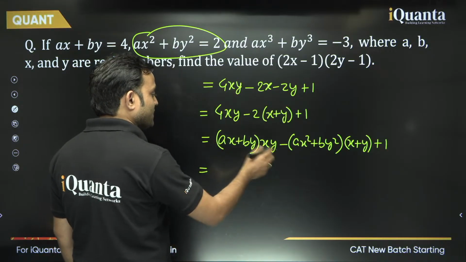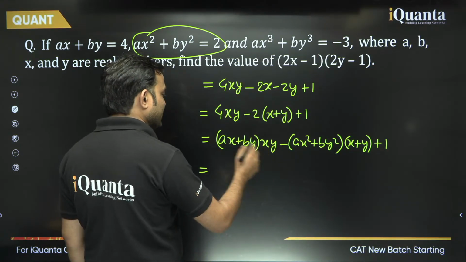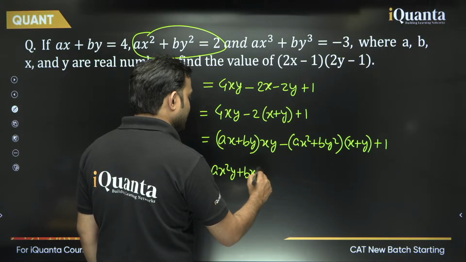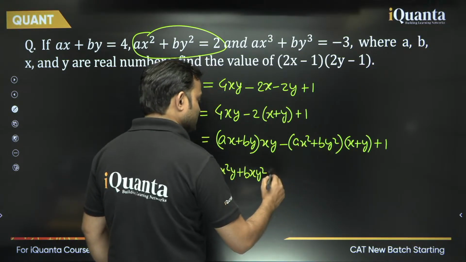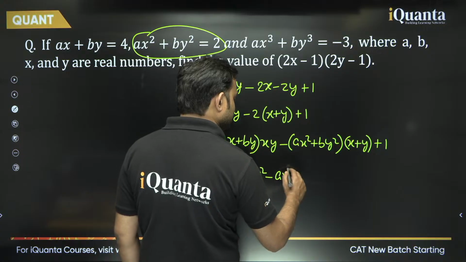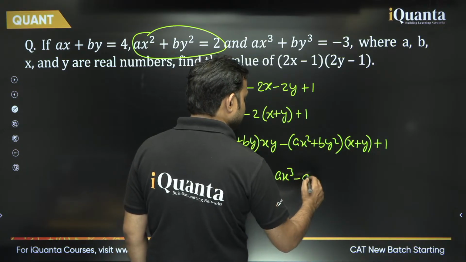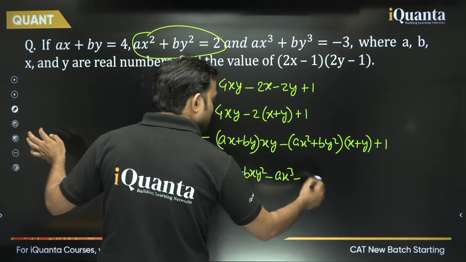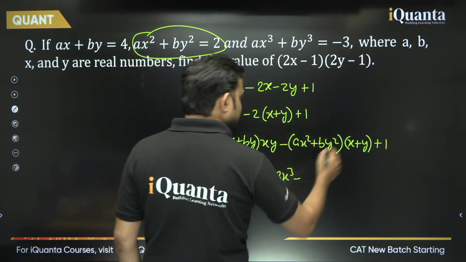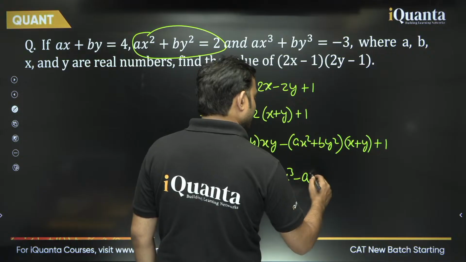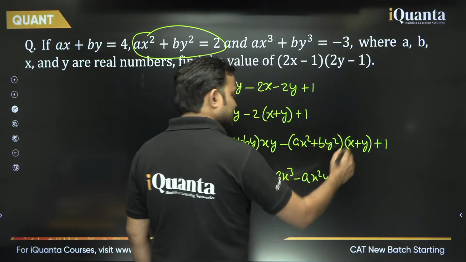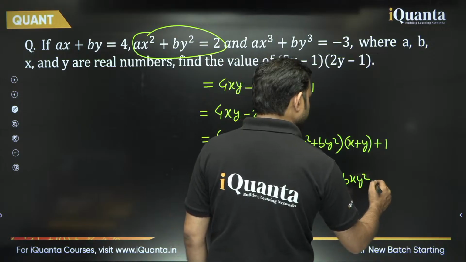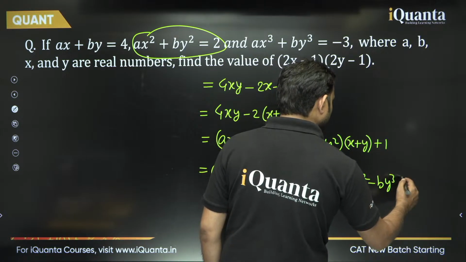So, if I break this, what do we get? It will be ax square y plus bxy square, and now this will give us minus ax cube minus by cube, or we can write it as minus ax square y, minus bxy square, minus ax cube minus by cube, plus 1.